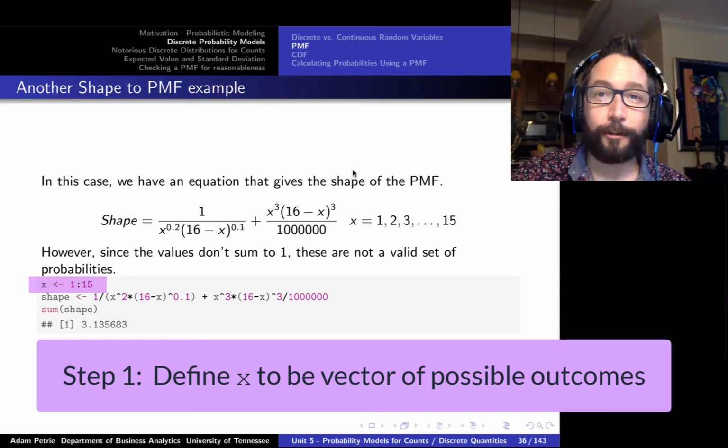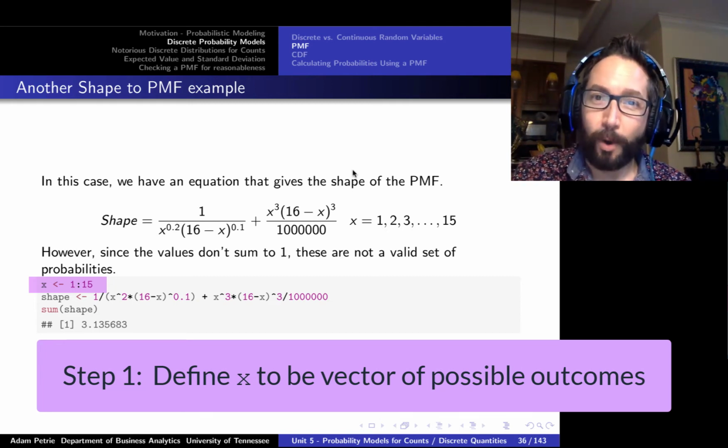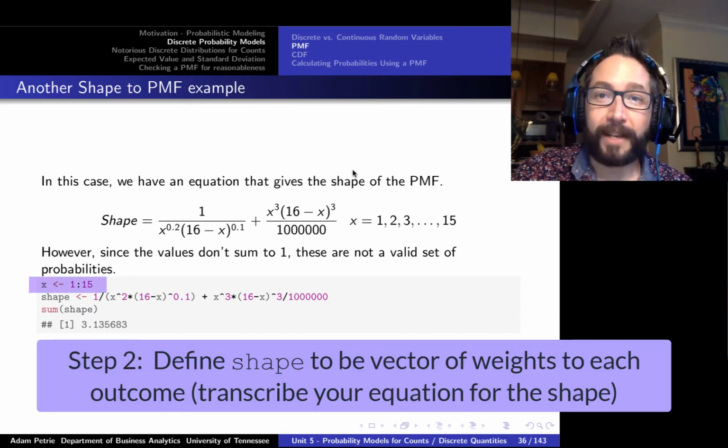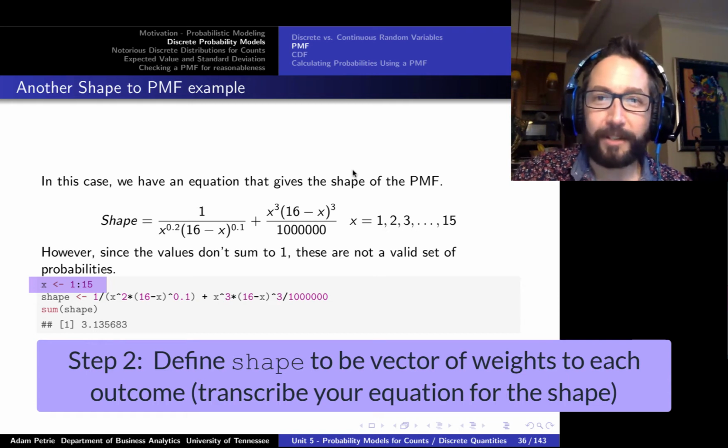Step 1 is to create a vector x that lists out all the possible outcomes you might observe. In this case, the integers 1 up through 15. Then define a vector called shape that gives the weights that you want to assign each of those outcomes. The first element in shape should be the weight you're giving to the first element of x, and so forth.